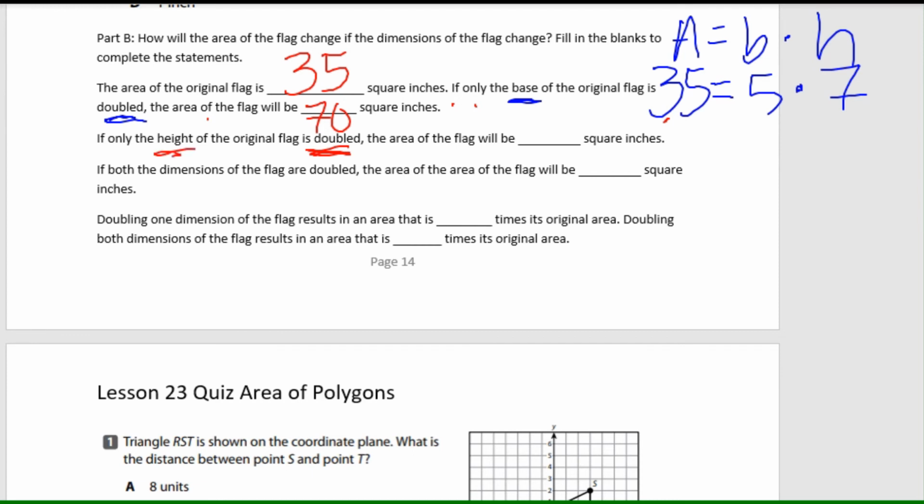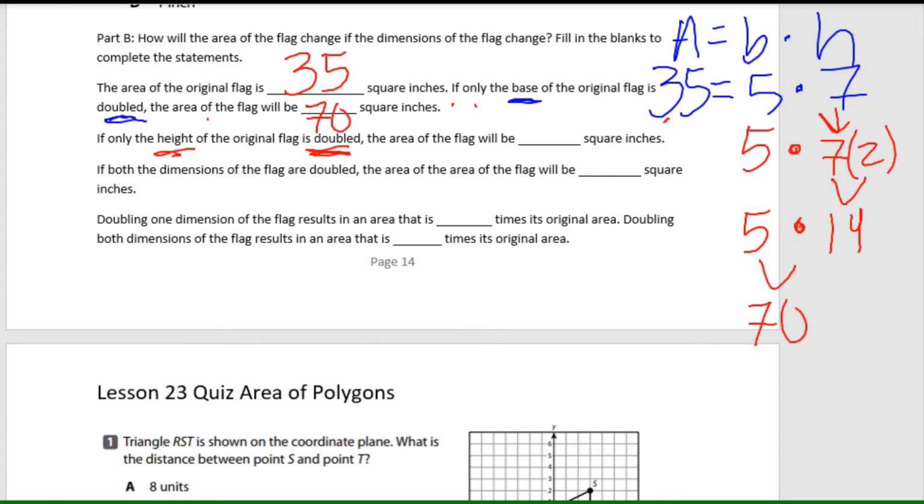What does it mean to double the height? You multiply 7 times 2. Exactly. So instead of the height being 7, it's gonna be 7 times 2, which is 14. Then times 5 to get the area, and that is gonna be 70. So if we double the height, we still get 70.